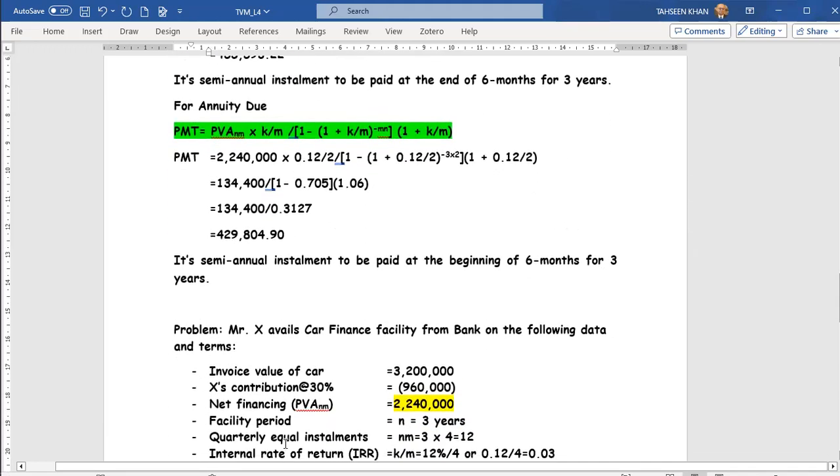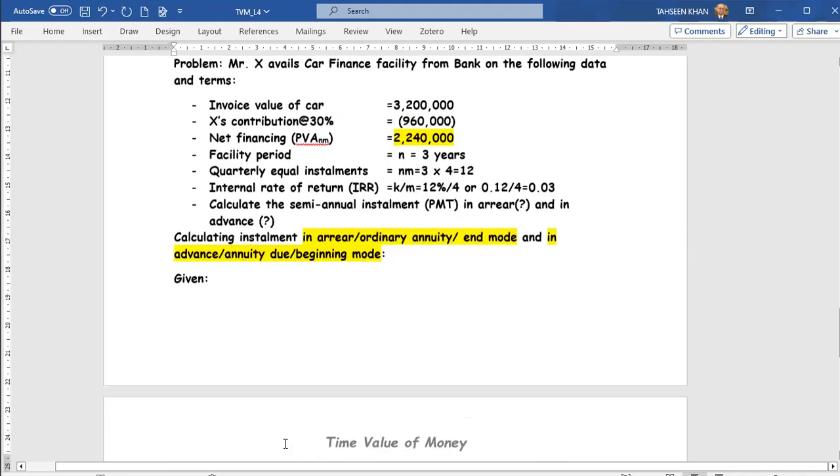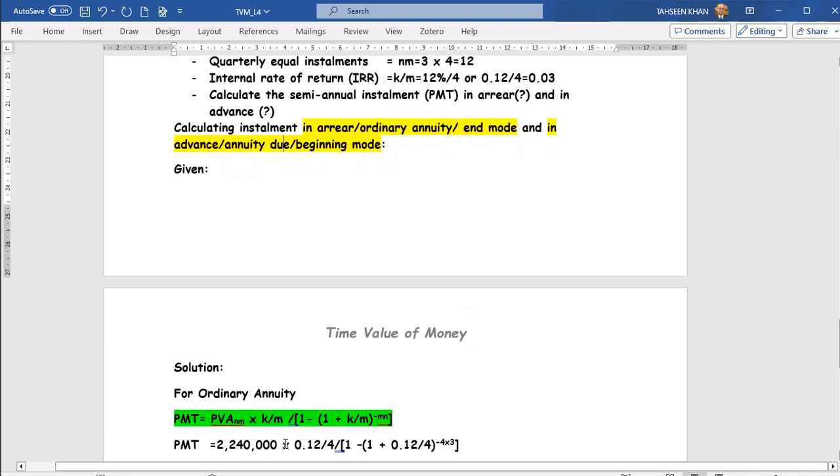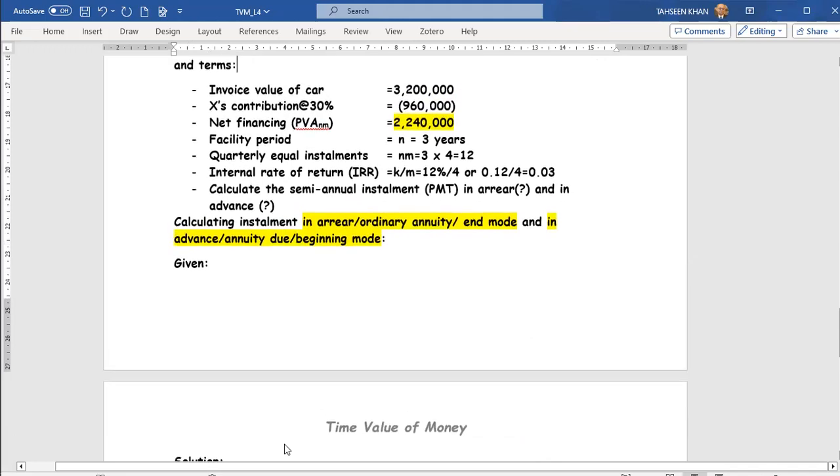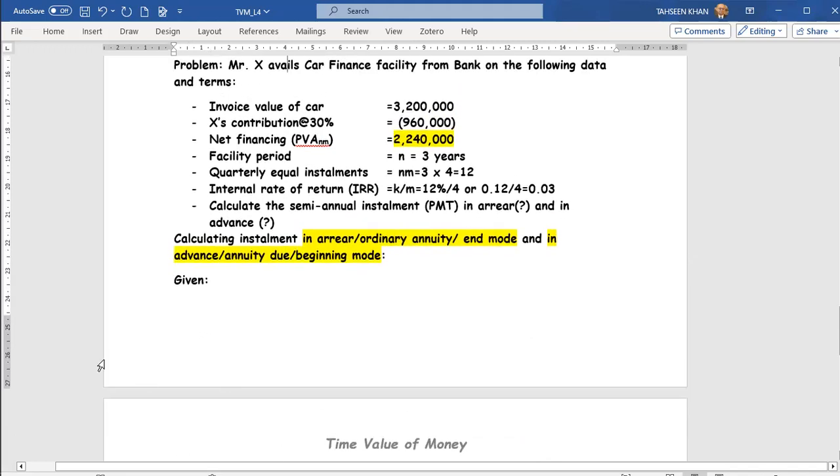Now we are going to extend the same question. In the second question, the payment mode is quarterly. Other values are the same: invoice value is the same, contribution is the same, net financing is the same, period is the same, but the payment term changes, it becomes quarterly.